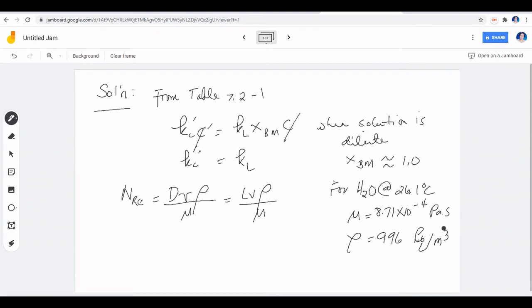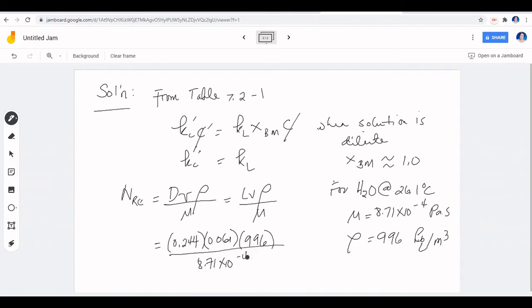Now, the next thing that we need to do is, of course, substitute here. The length of the flat plate is 0.244. This time, I will not write the units anymore. Then I have the velocity as 0.061, then the density, which is 996, and the viscosity, which is 8.71 times 10 raised to negative 4.